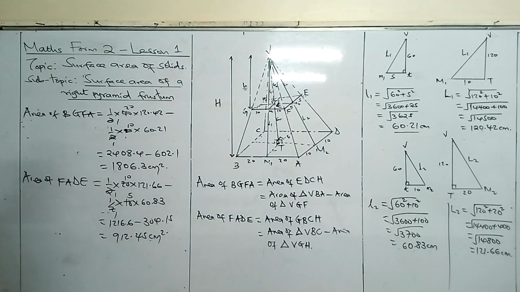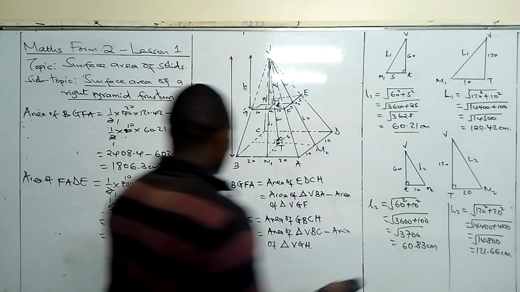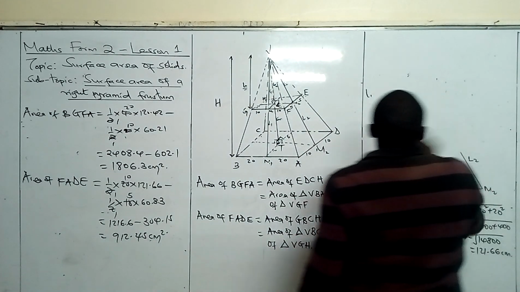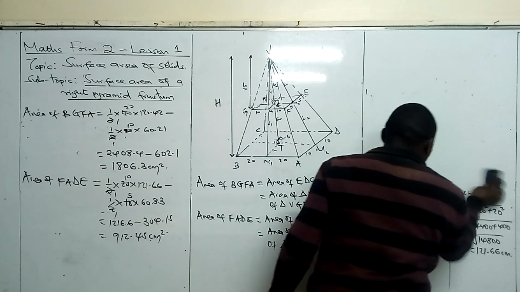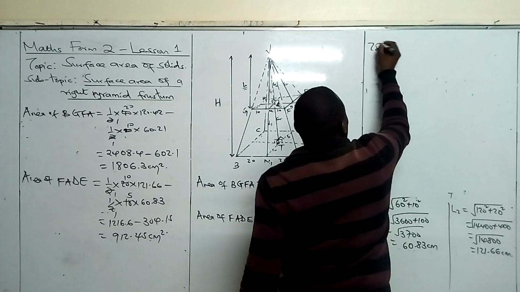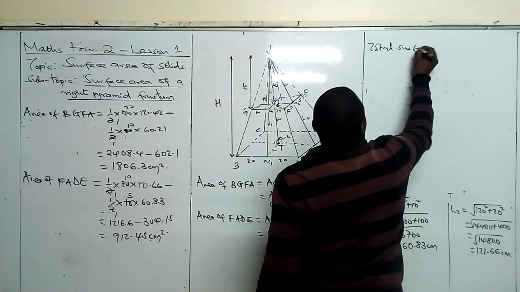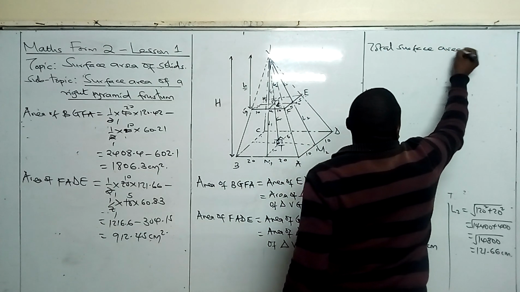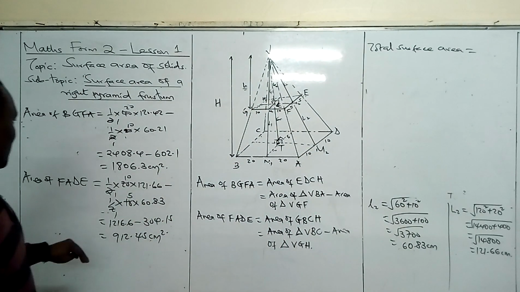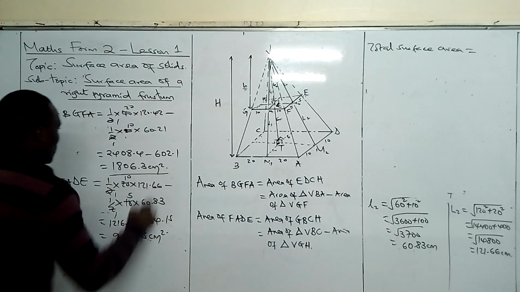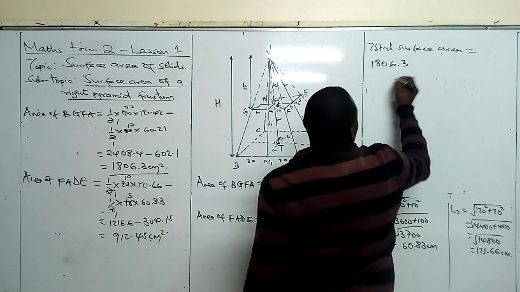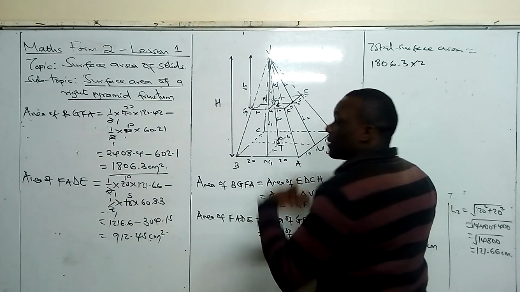So total surface area is equal to the first area that we obtained, which is 1806.3, times 2 because we have another face.